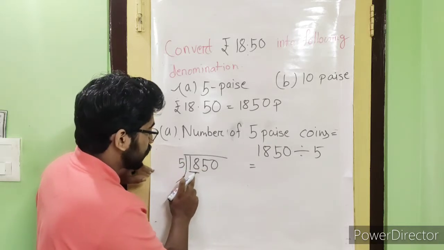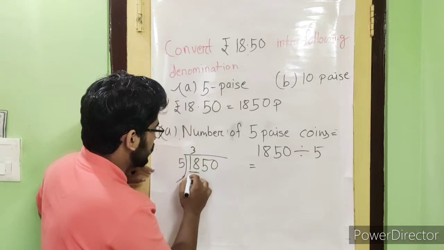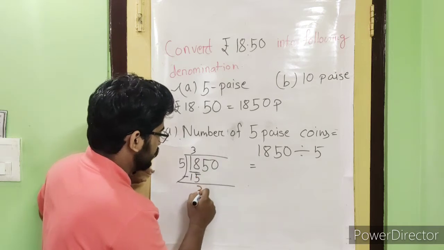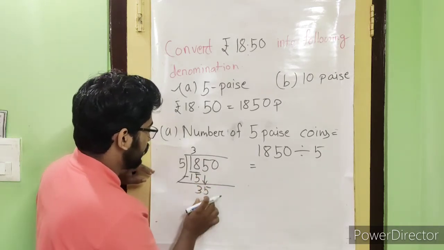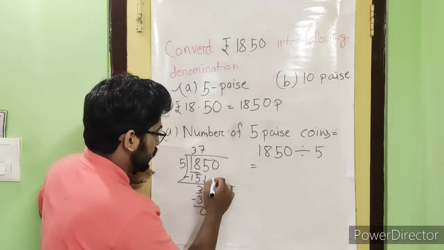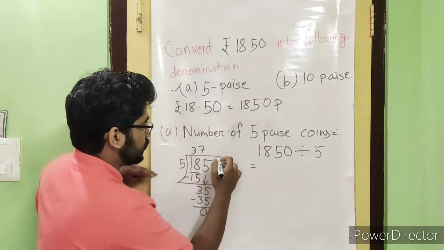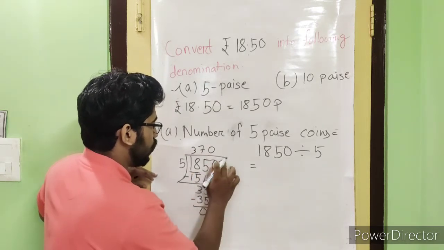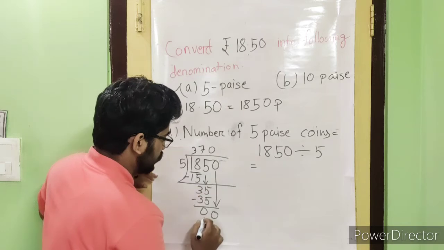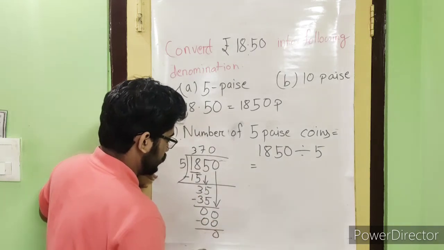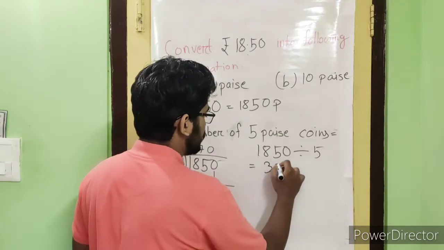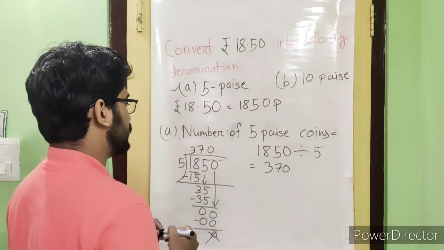So 20 is greater than 18, so we go for 5 3s are 15, and then we subtract: 16, 17, 18, 3 remains. Here it will be 35. 5 7s are 35, cut. Now 0 remains. You can directly put it here, or you can go for the next step 0, so 5 0s are 0, or you can give a cross. So how many 5 paise coins are there? 370 5 paise coins will be there.